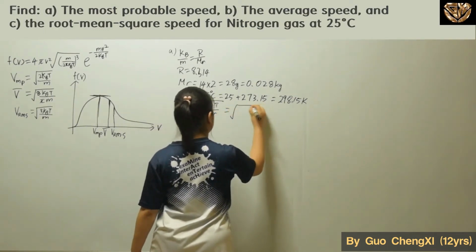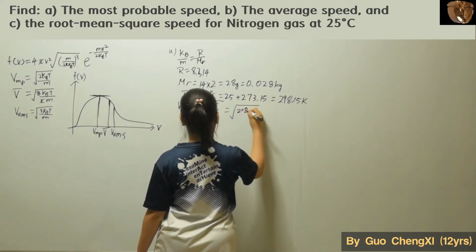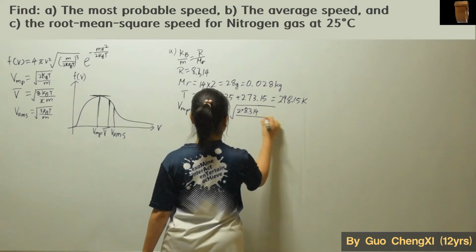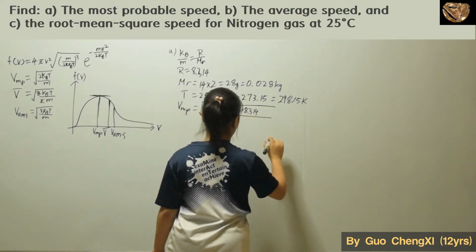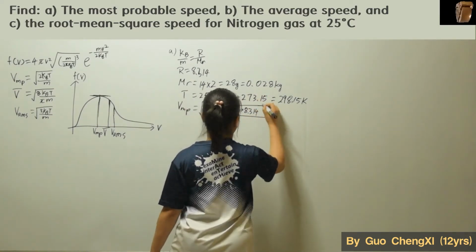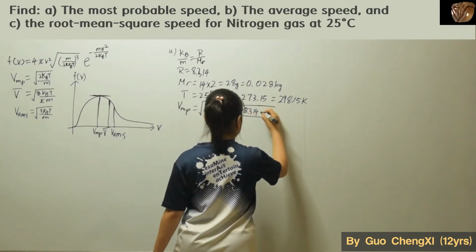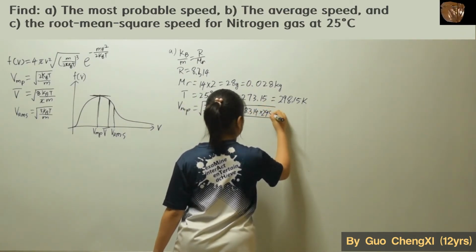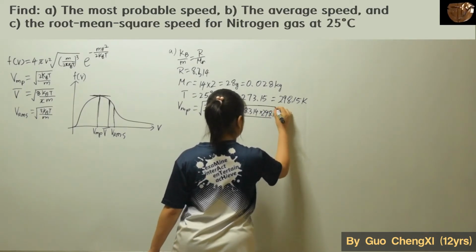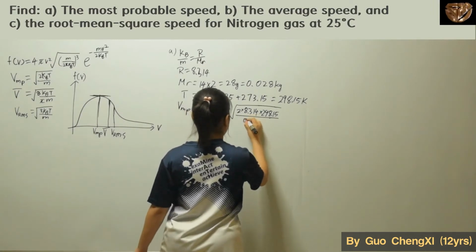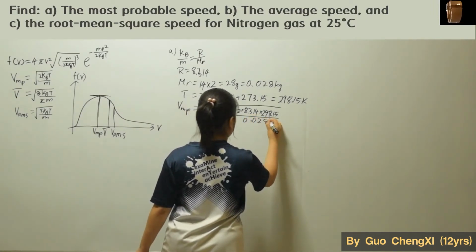So it will be 2 times 8.314. The digits behind you can just ignore, the same for those nitrogen values and all, because these are just rough answers. Then after that we will have to times the temperature, which is 298.15. And last but not least, at the denominator, it will be 0.028.